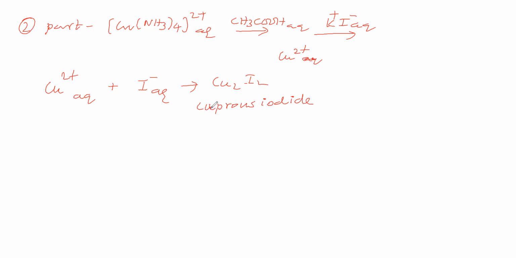Cuprous iodide is formed. This cuprous iodide is a white precipitate. Here the +2 copper is converting into +1 copper. Here copper has a +2 oxidation state, and here copper has a +1 oxidation state.